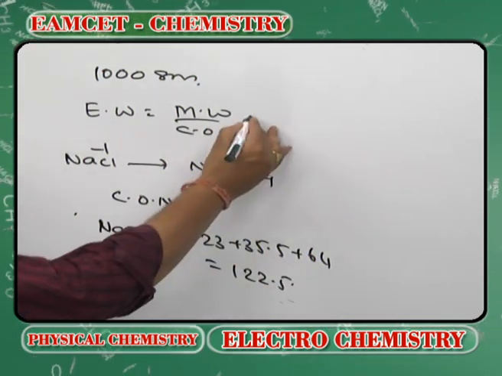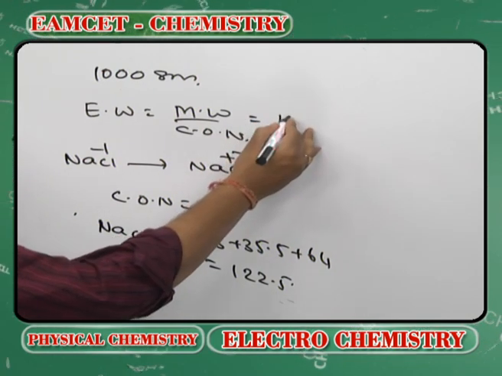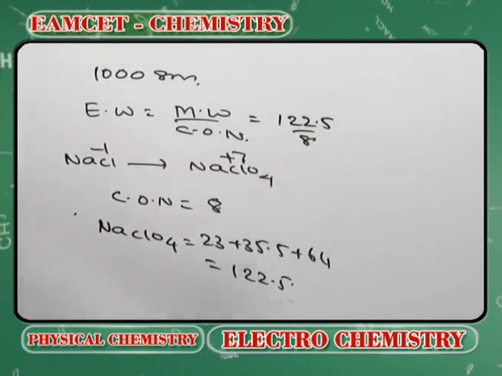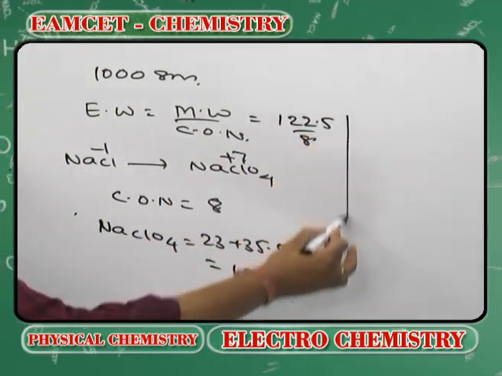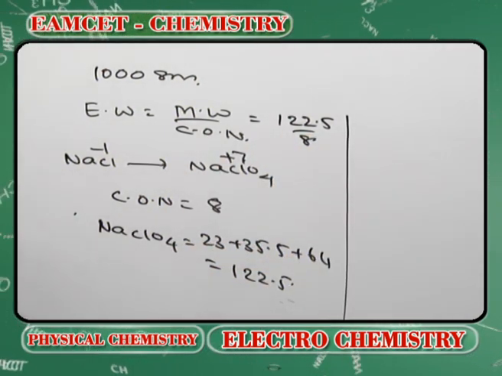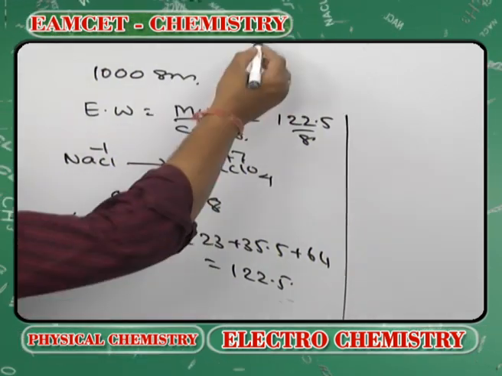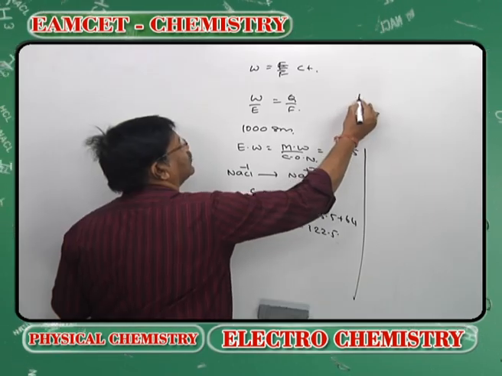So 122.5 by 8 is the equivalent weight. Molecular weight by 8.